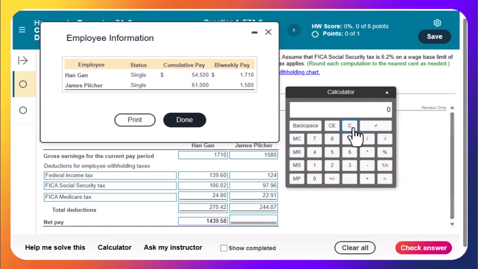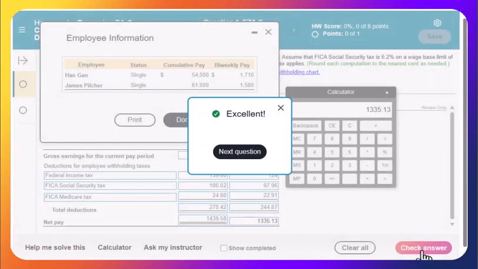And then clear out here for James. So 1580, and then we're going to subtract out 244.87 total deductions for net pay of 1,335.13. There we go, and then we can go ahead and check our answer here and see how we did. Excellent.